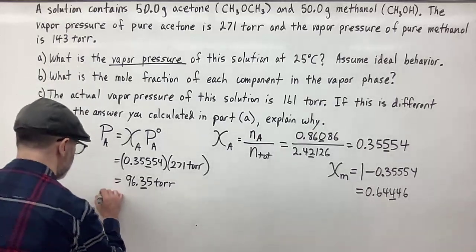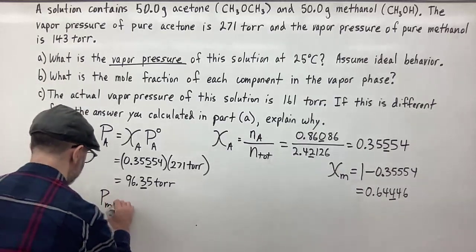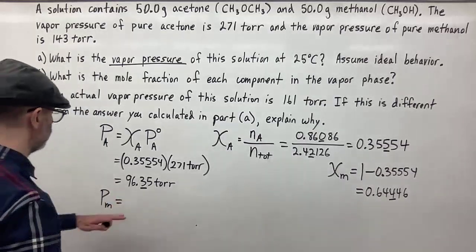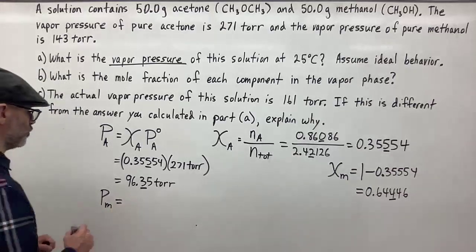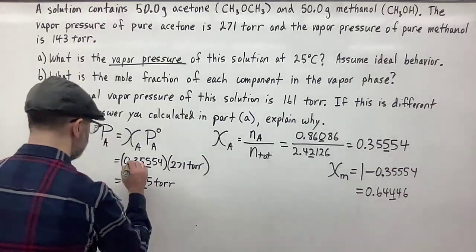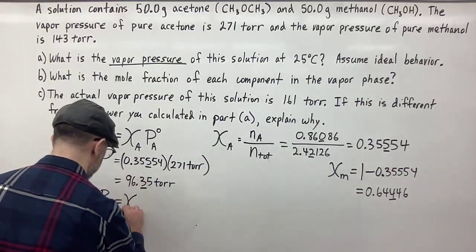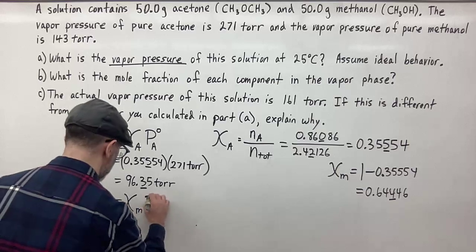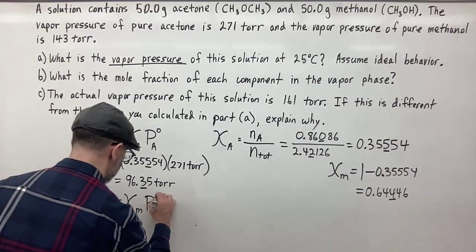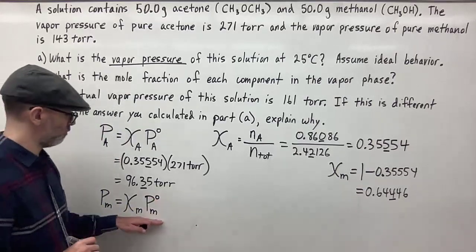And then I do the same thing for the partial pressure of methanol, or the vapor pressure of methanol at 25 degrees for this solution. So I'm going to use the mole fraction of methanol multiplied by the vapor pressure of pure methanol.